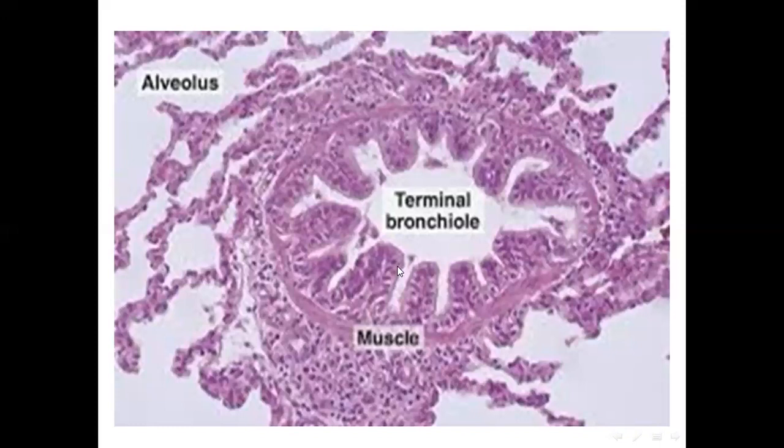Also, it is surrounded by a loose meshwork of helically oriented smooth muscle. Here we find mostly smooth muscle layers, and the wall of the bronchioles and their branches has no cartilage. This is the second difference that distinguishes the bronchus from the bronchiole.